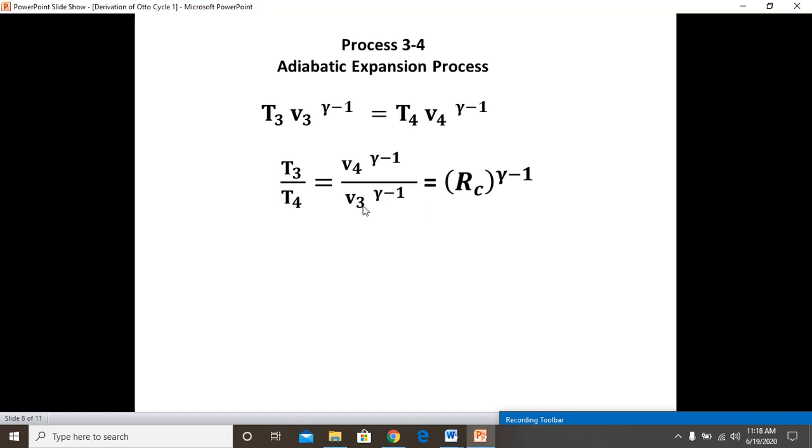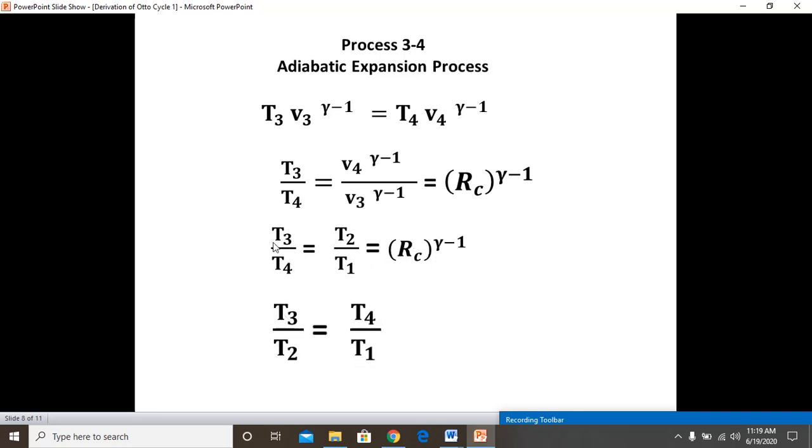Therefore V1 by V2 is RC to the power of gamma minus 1. In this process, the expansion and compression ratio are both the same. Therefore T3 by T4 is equal to T2 by T1, which is equal to RC to the power of gamma minus 1.